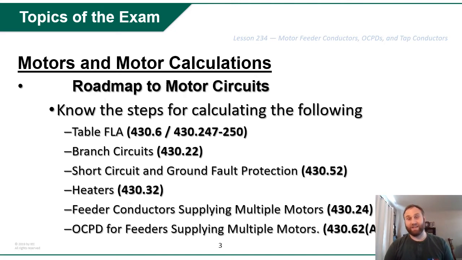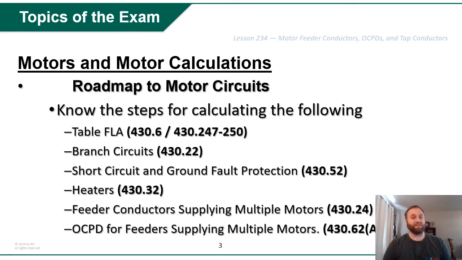What's the table FLA? Well, that's found in 430.247 through 250, depending on if it's a DC, single phase, or three phase motor. Remember, table FLA stands for the table's fixed amperage, the full load amperage for that motor. Not necessarily what's going to be found on the nameplate, but it's the table full load amperage for those specific motors.